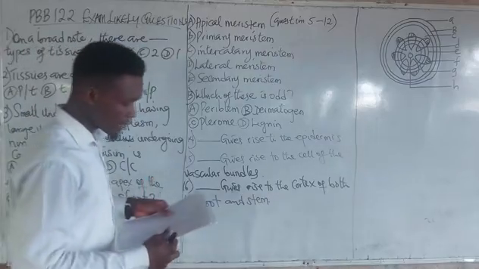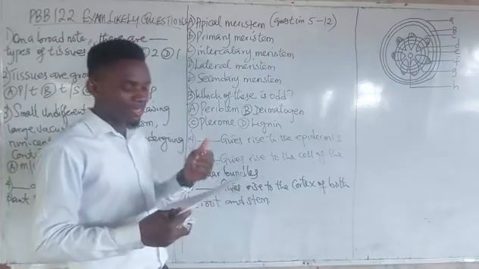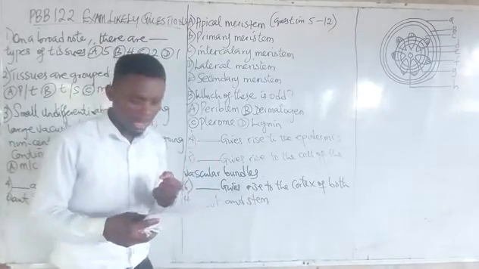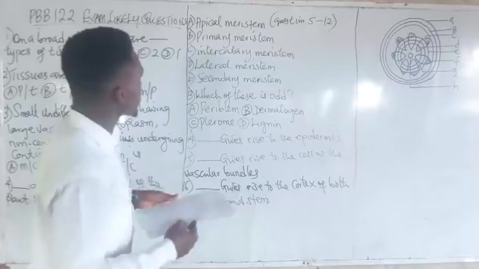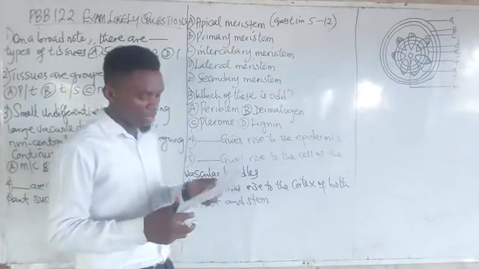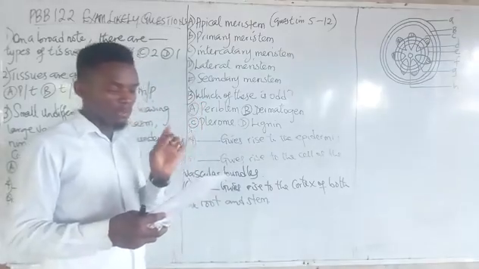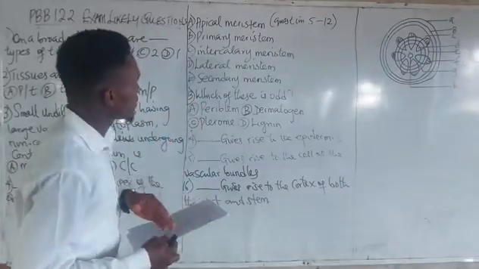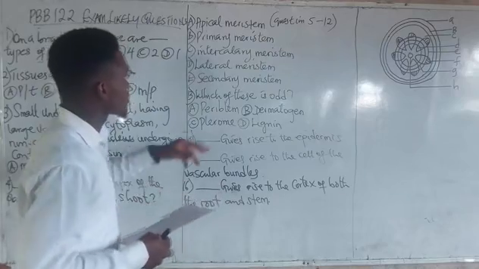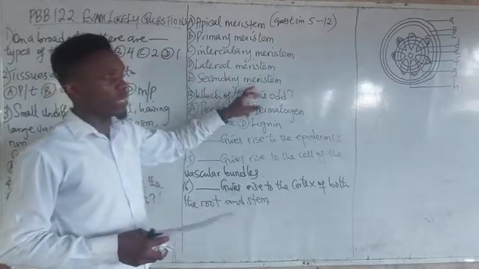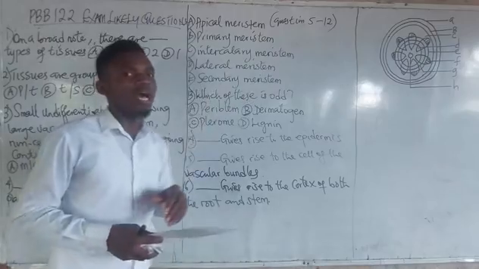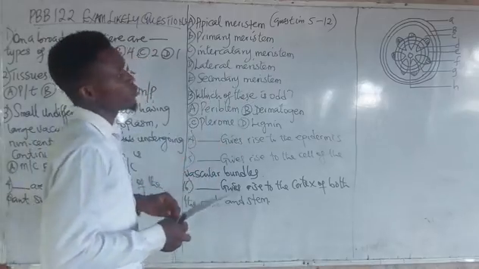The next question, number 6, says dash is found at the side of the stems and roots. The answer is the secondary meristem. The secondary meristem is found at the side of the root and stems.